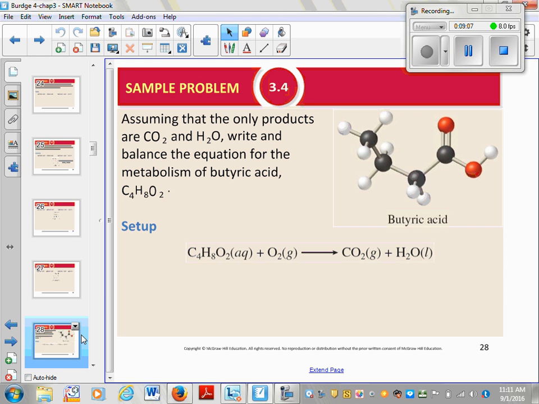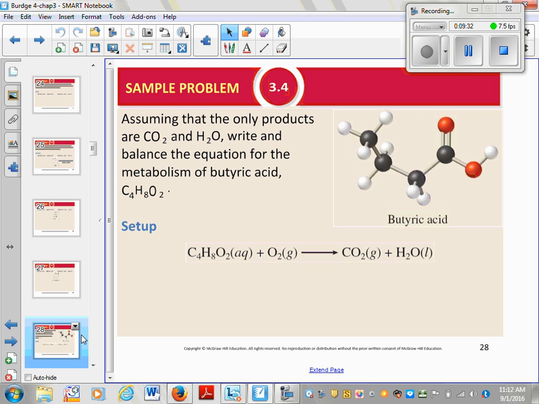As the products of combustion, the carbon dioxide and water. Butyric acid, that's what forms in rancid butter. If you ever have butter that goes rancid, spoiled, you get that really nasty odor, that's butyric acid.